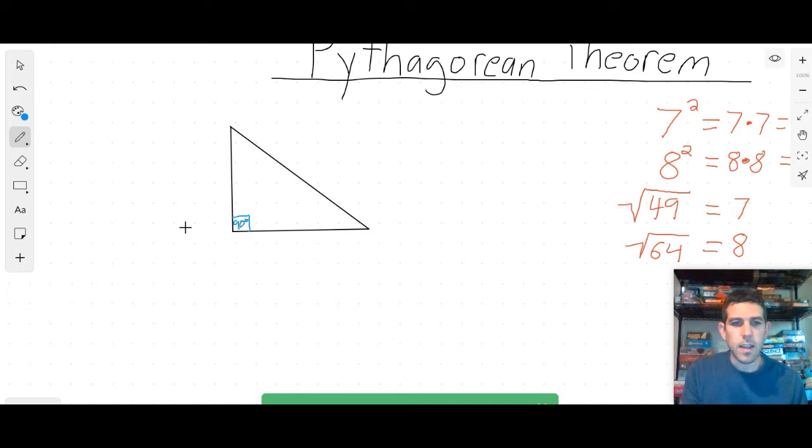For any 90-degree right triangle, if I have 3 sides, maybe side A, side B, and side C, this theorem tells me that the length of side A squared plus the length of side B squared will always equal the length of side C squared. That's the theorem. And Pythagoras was a real person who discovered this.